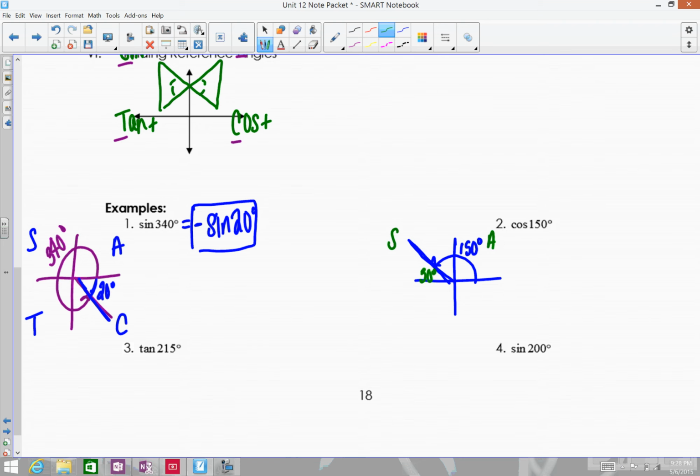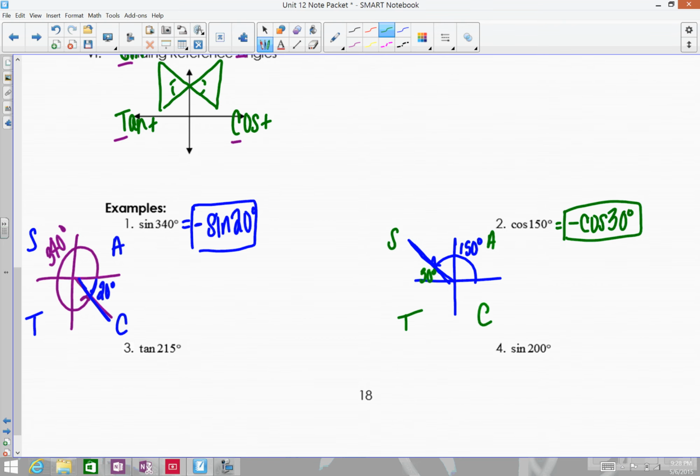I look at all students take calculus, so sine is what's positive. So this is going to be equal to a negative, because I'm looking at cosine and sine's the positive, and it's going to be equal to cosine of 30. It's always going to be of the reference angle.